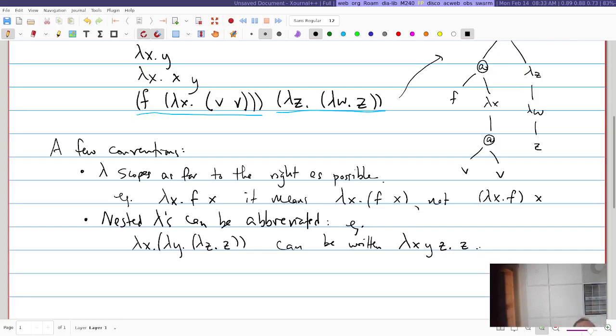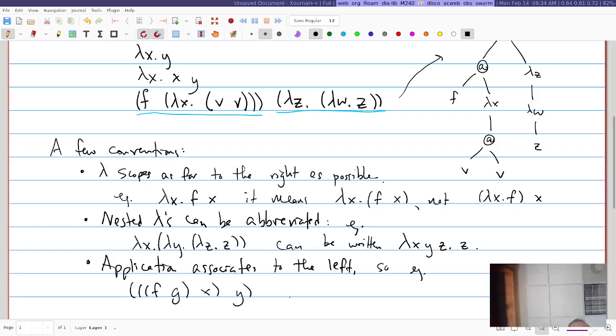Okay. And finally, just like in Haskell, application associates to the left. If you write a string of things next to each other, it really means applying them from the left.